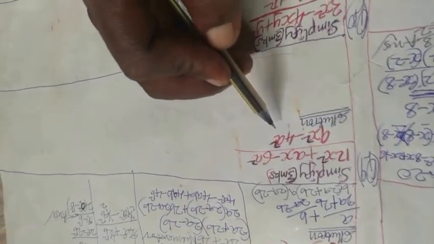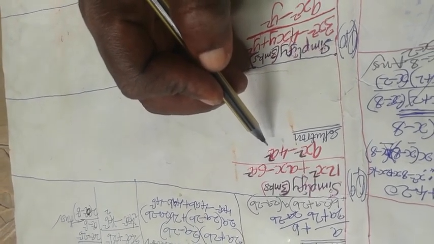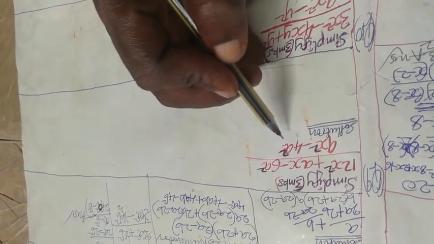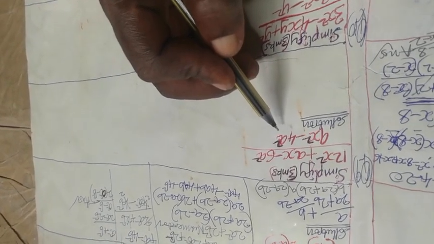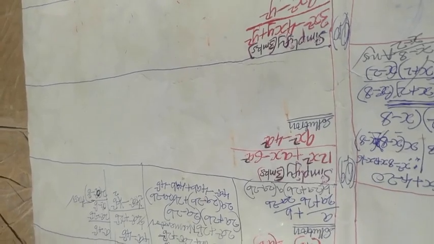Now factorize. Here we are going to factorize the numerator, then express in form of ax plus b, bx plus c.